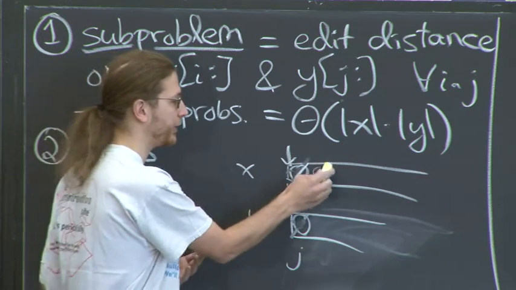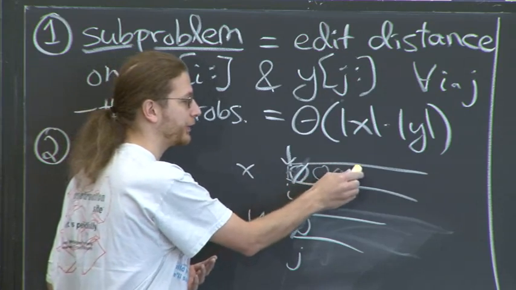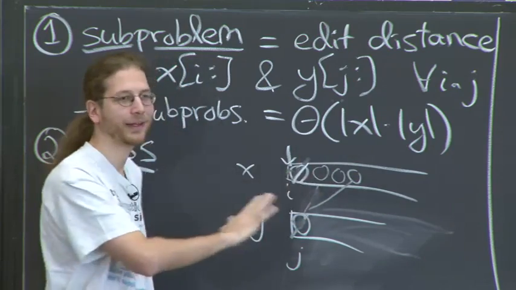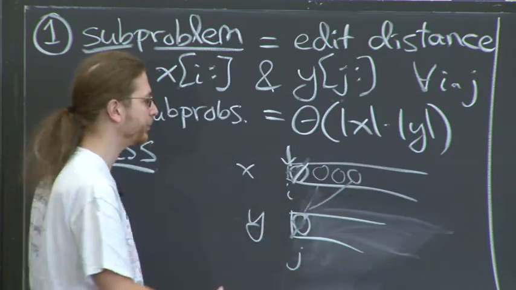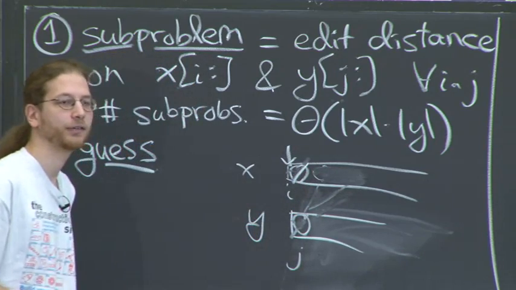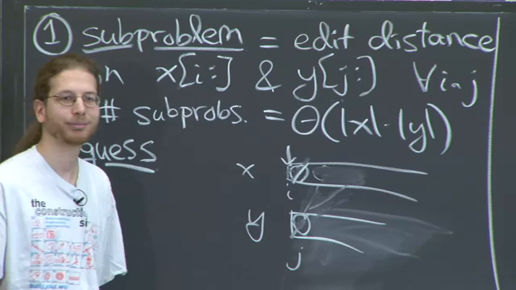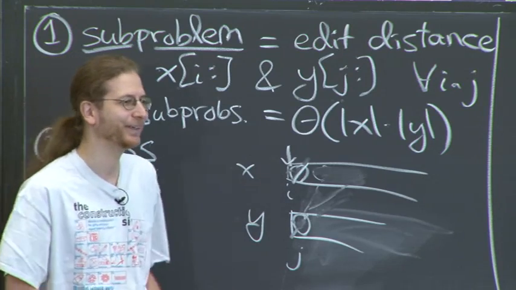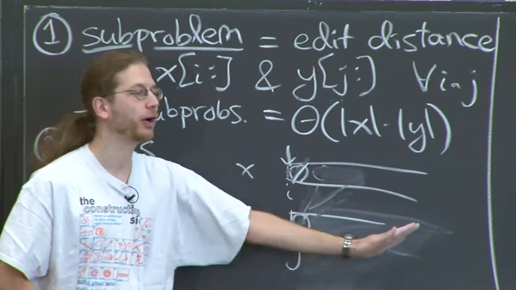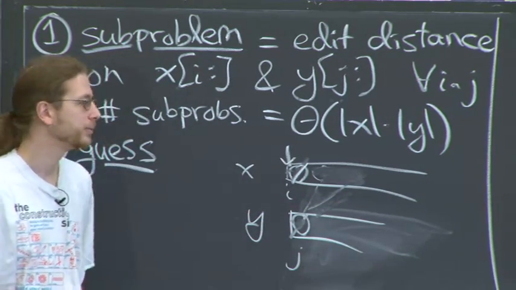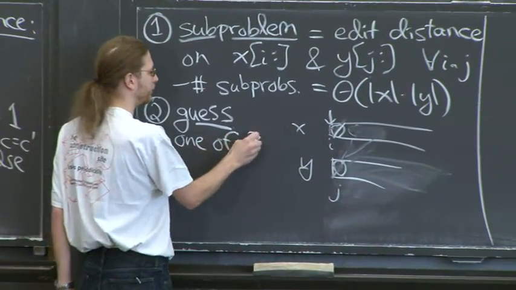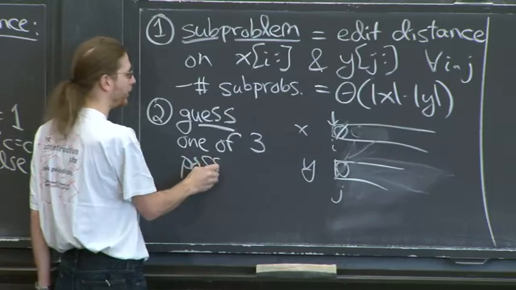But it could be this character matches that one. Or maybe I have to delete several characters before I get to one that matches something. But I don't know that. That's hard to guess, because that would be more time to guess. But I could just say, well, this character might get deleted. If it gets deleted, that's it. It gets deleted. And then somehow the rest of the x from i plus 1 on has to match with all of y from j on. But those are the three possibilities. And they, in some sense, capture all possibilities.